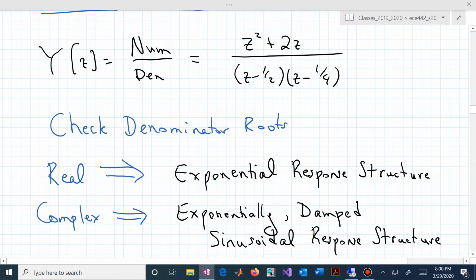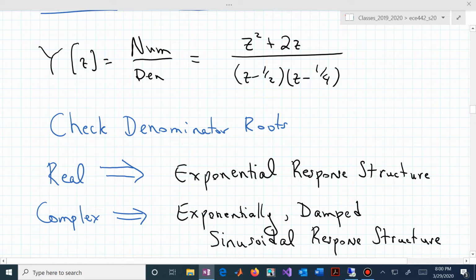If they're complex, then it's exponentially damped sinusoids, an exponentially damped cosine, an exponentially damped sine. If they were associated with unbounded modes, they would have a modulus bigger than 1, and you would have an exponentially undamped sinusoidal response.